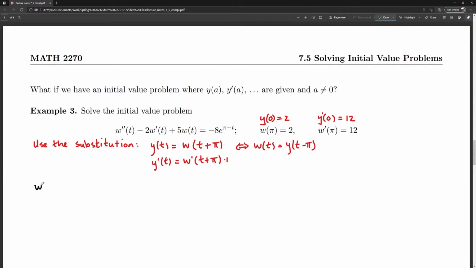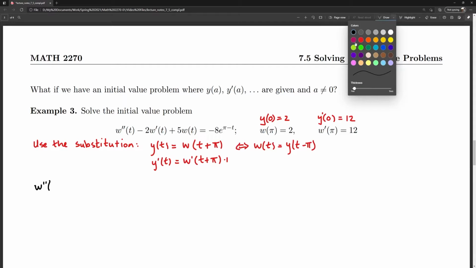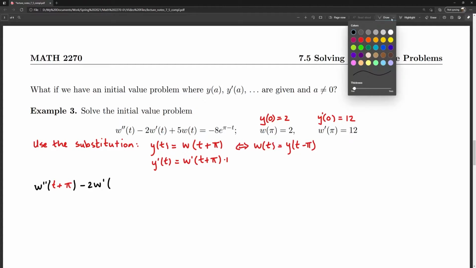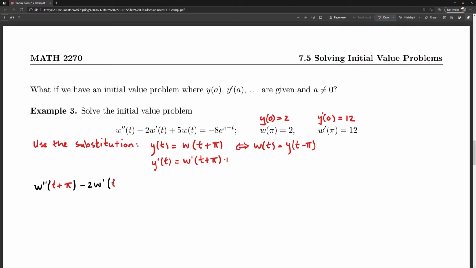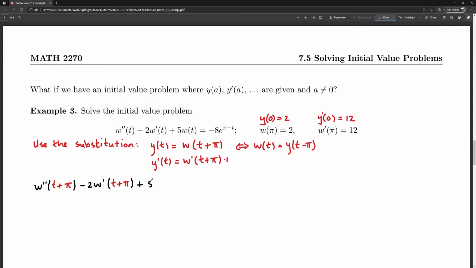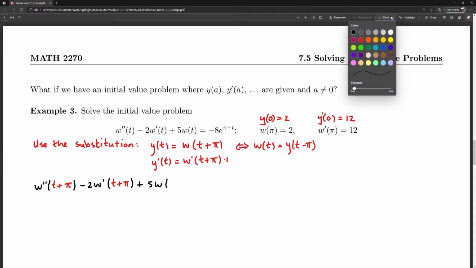So I can rewrite my differential equation as w double prime, and now I'm going to shift all of this to t plus pi, and then minus 2w prime at t plus pi, and then plus 5w not at t, but at t plus pi.